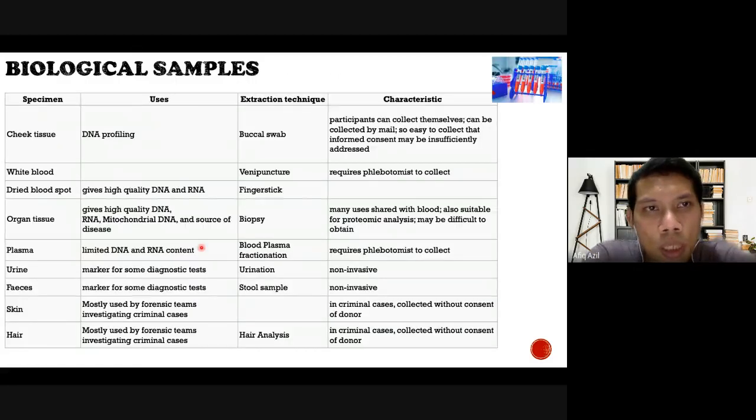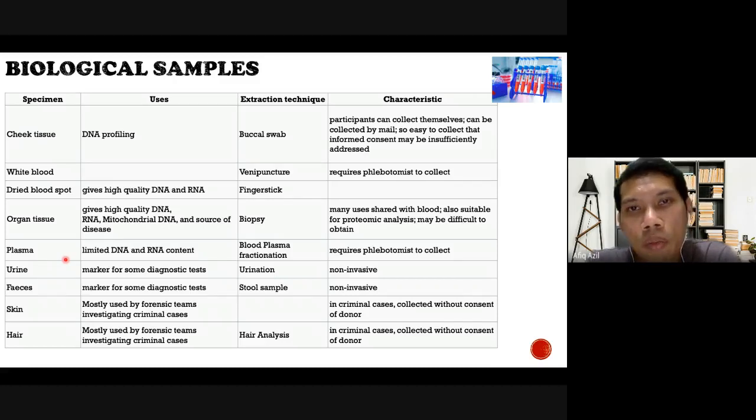So these are some examples of biological samples. Biological meaning coming from humans, depending on the purpose of your test. For example, if you want to check the DNA of a person, you can take the sample from the cheek tissue. No need to have a urine test, because normally a urine test is done if you want to check the content of drugs, and also maybe alcohol level.